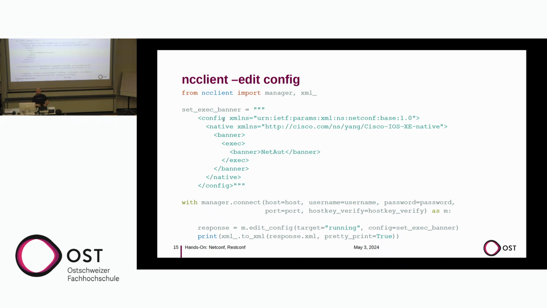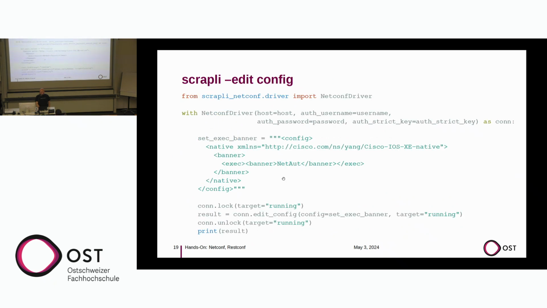If you have to specify for the edit config the first level config or not, it always depends on the library. So always look at the documentation, what exactly is needed. But in this case it is the same, the namespace again, and then we can set the banner.